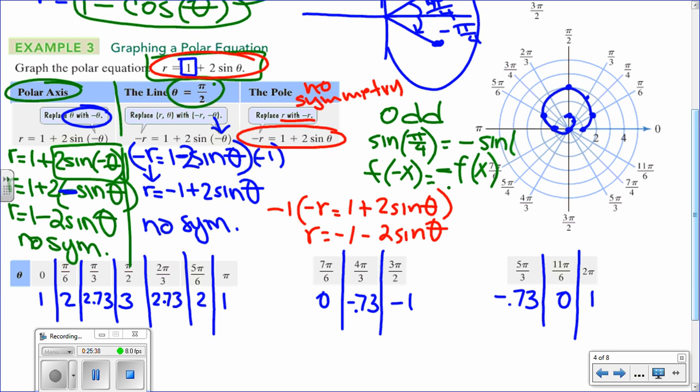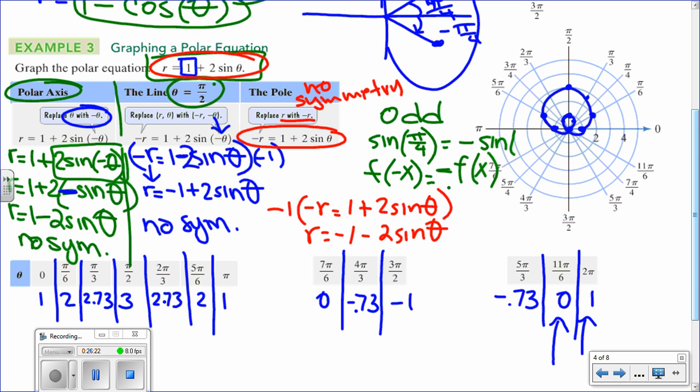Yeah. So it's going to have a little loop inside. And you see how it goes back to 0, so then we go back there. And the last point is going to take us back to here, because it's 2 pi, and the radius is 1 to 0. Like that.